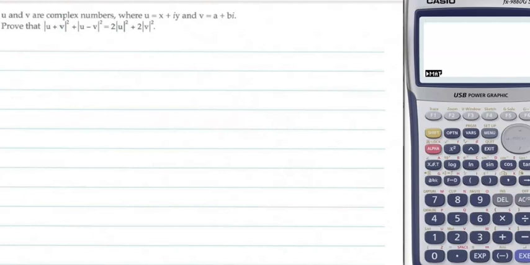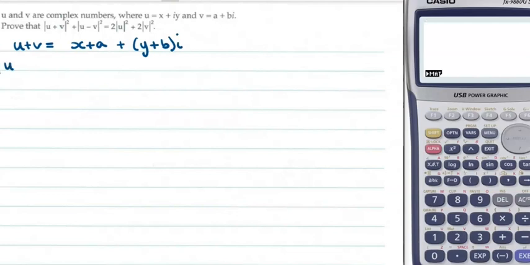Okay, we have these complex numbers u and v, and we need to prove this thing. So let's start with the left-hand side. If I add u plus v, that would be x plus a for the real parts and y plus b for the imaginary part.